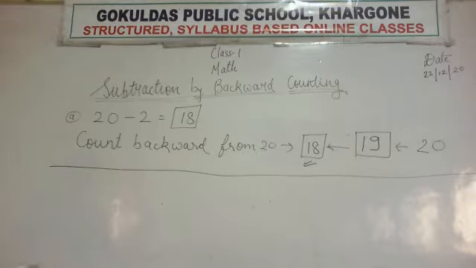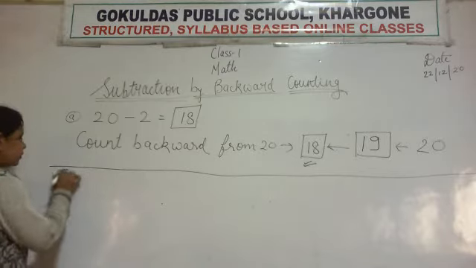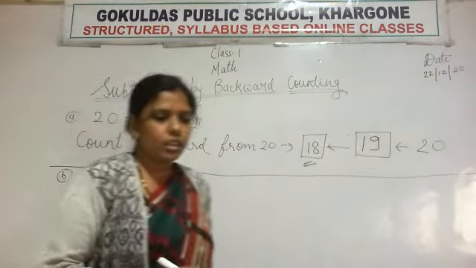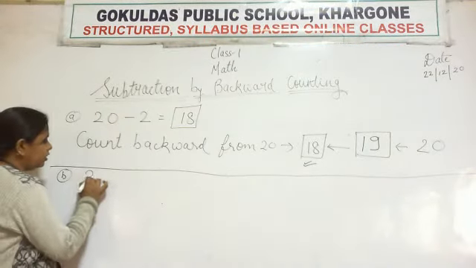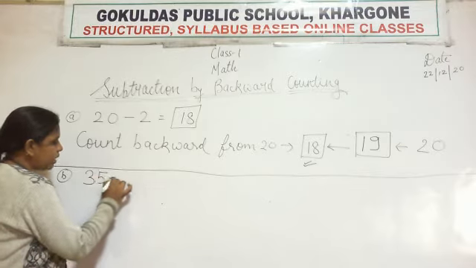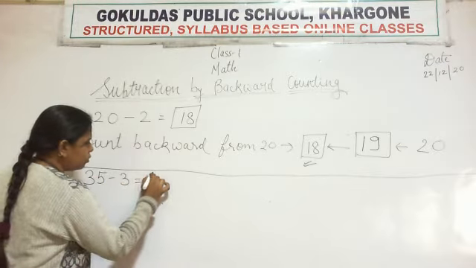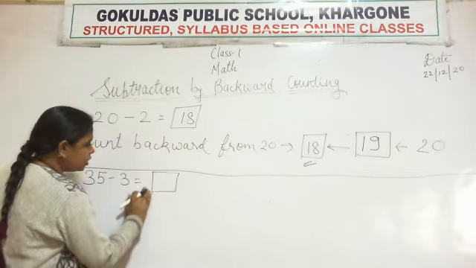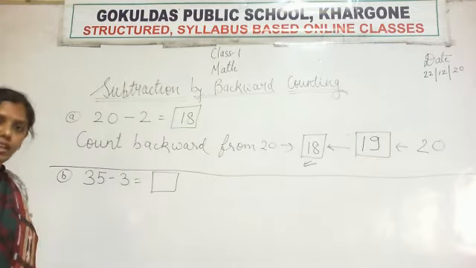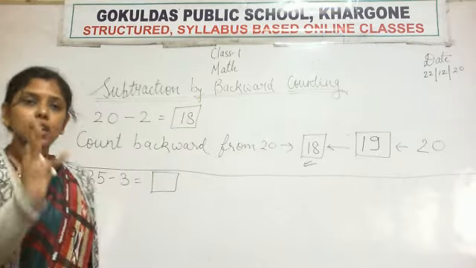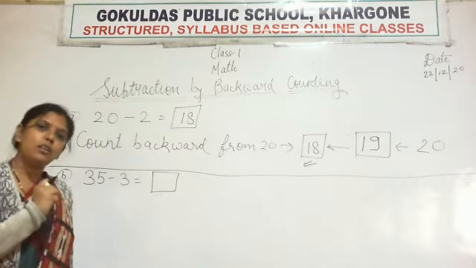Now the next question, B. The question given in the book is 35 minus 3. So we have to count 3 numbers backward from 35.